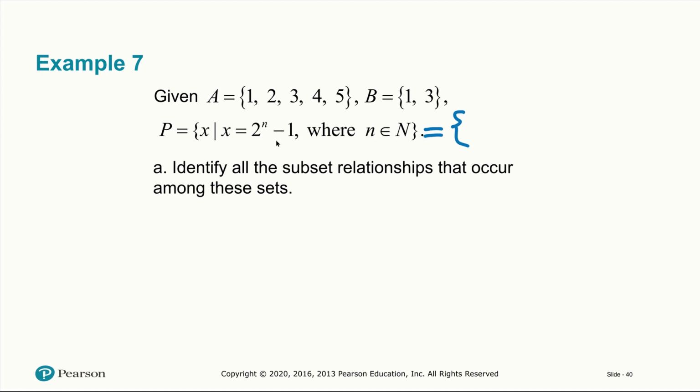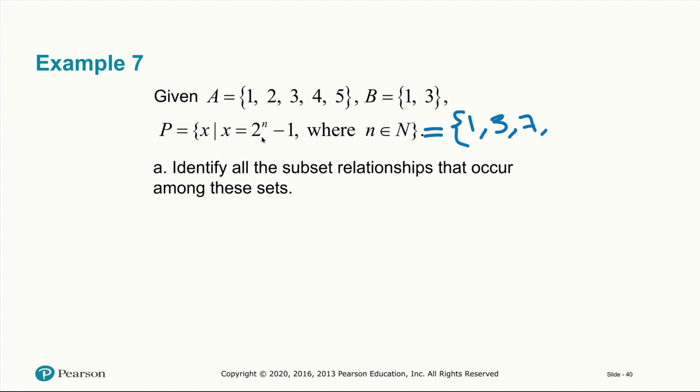So let's just run through some values. What if n is 1? We get 2 to the 1 minus 1, which is 1. What if n is 2? We get 2 squared minus 1, which is 4 minus 1, which is 3. What if n is 3? We get 2 cubed, which is 8 minus 1, which is 7.